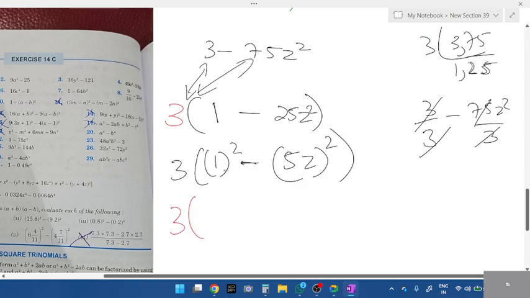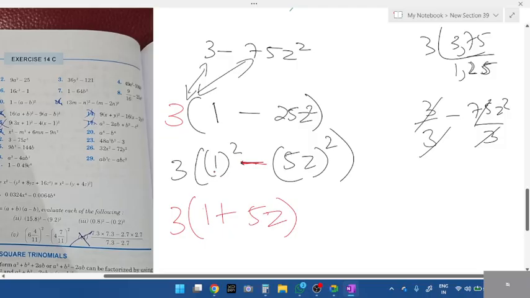Now tell me a plus b into a minus b. What is the a square minus b square formula? A plus b. In place of b, what value is given? 5. Not square, just 5z.